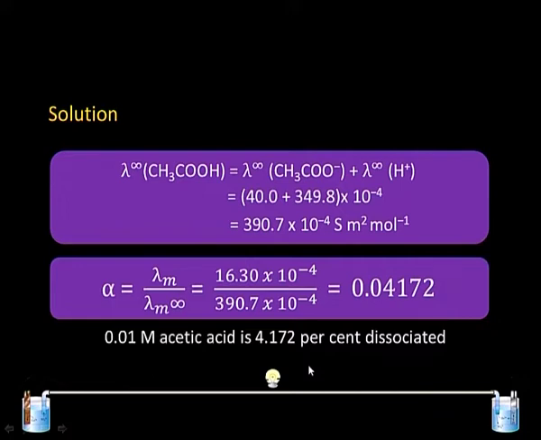It is a very small number if you look at it. So, these are important applications if you want to understand an unknown acid.